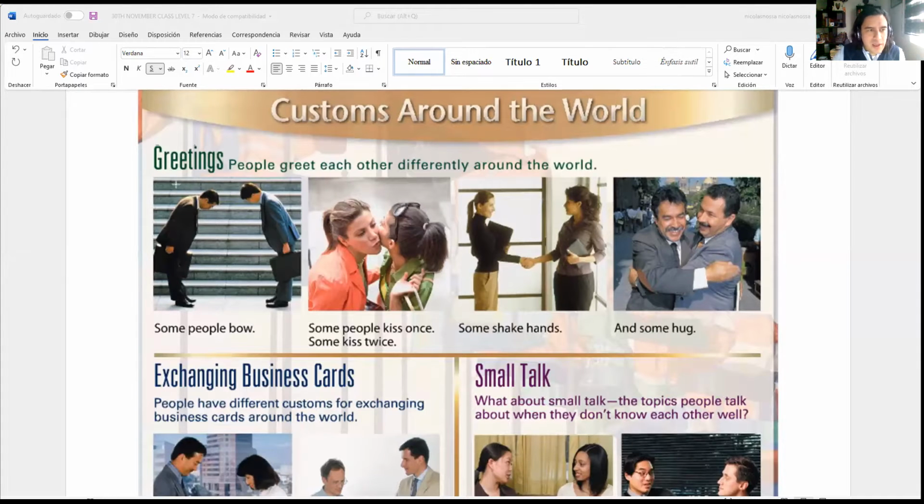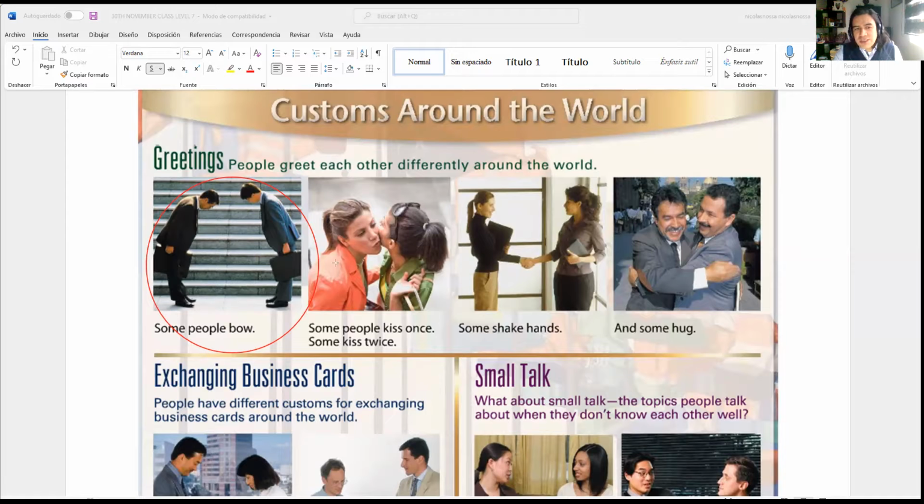Okay, for example, in Asia, Japan, China, Thailand, all these countries, yeah, people in these countries bow, okay, which is the action of the picture. It is different here in Colombia, no, we don't do this action, we don't greet people like this.